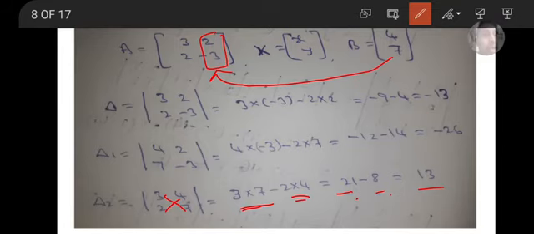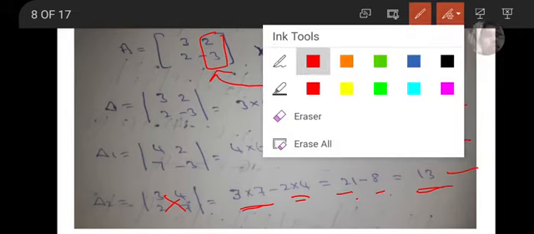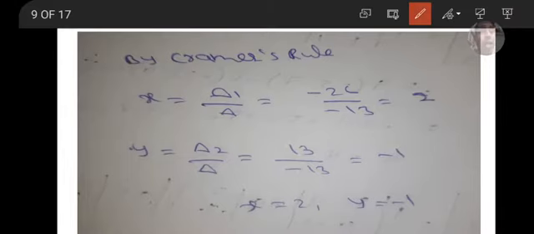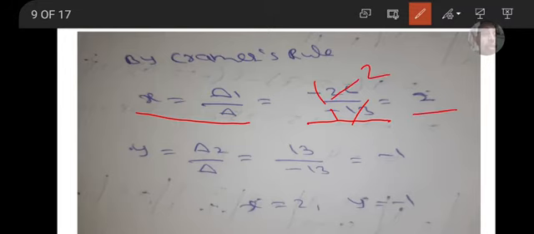So the delta value is minus 13, the delta 1 value is minus 26, and the delta 2 value is 13. Here there are only two variables, so we get only delta 1 and delta 2. Next, by Cramer's rule, x equals delta 1 by delta, that is minus 26 by minus 13, which gives 2.